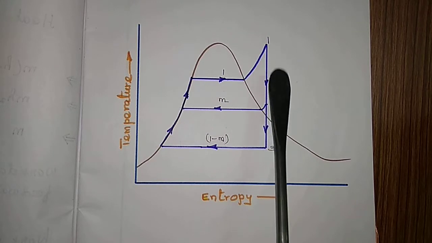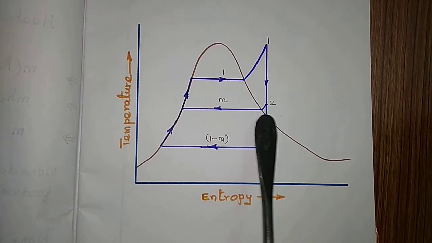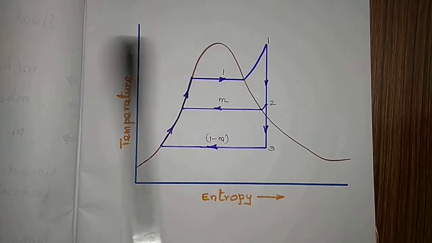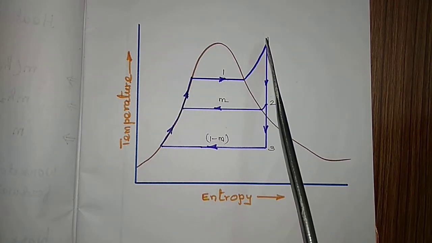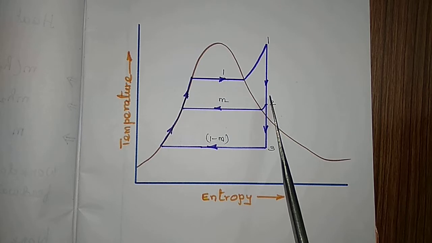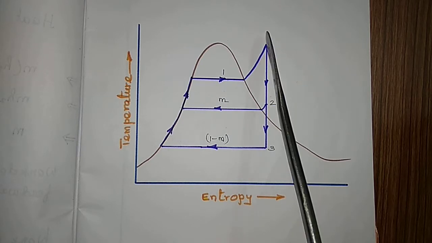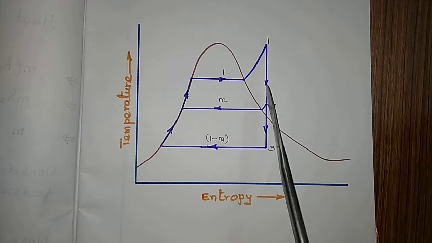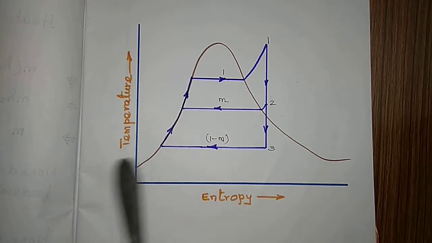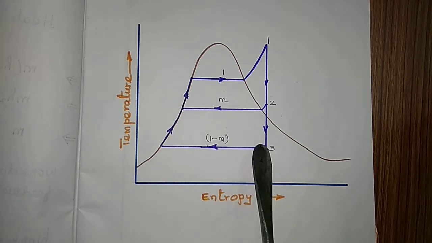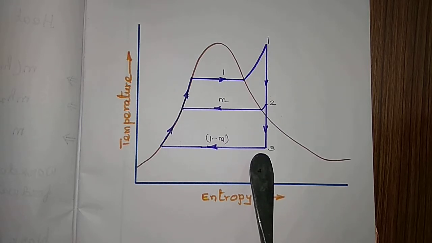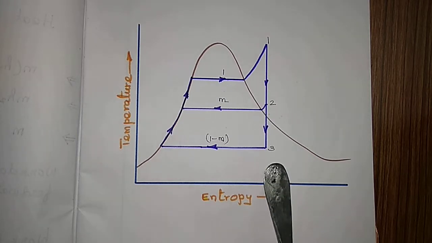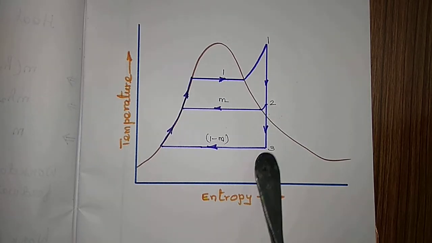What is shown here is the schematic diagram. 1 stands for point A, 2 stands for point B, 3 stands for point C. So 1 to 3 is the isentropic expansion process which is going on in the turbine.